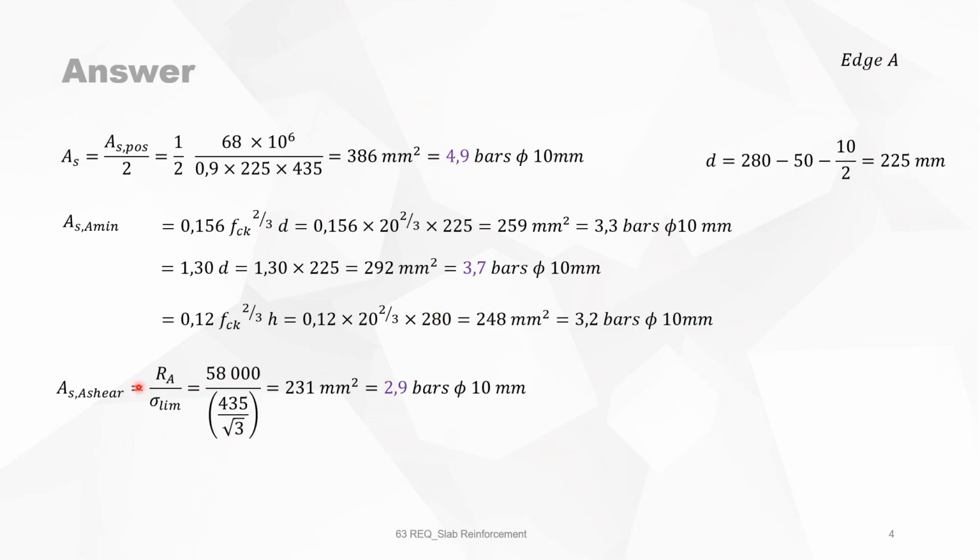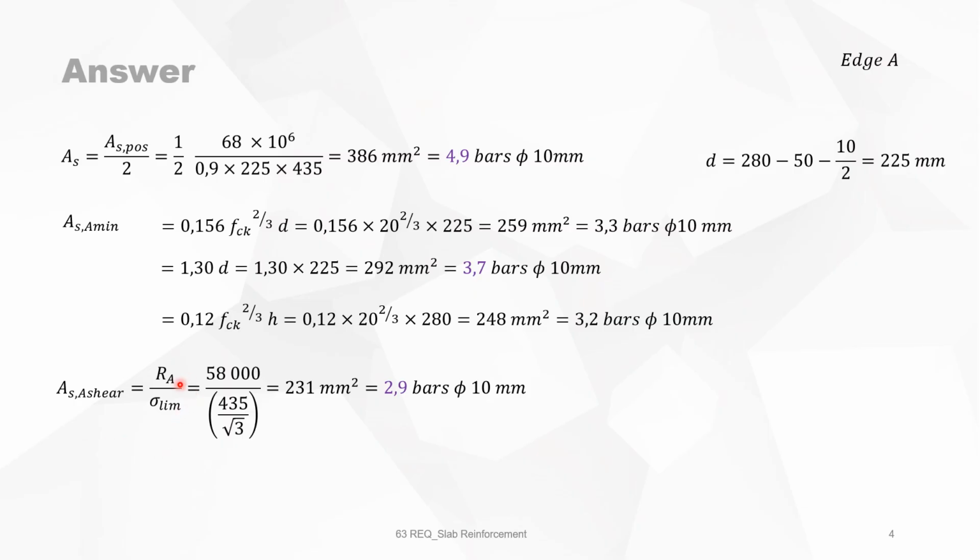Then, of course, at HA, we must fulfill the stability in the sense that the reinforcement over the support must be able to take the reaction force by pure shear.